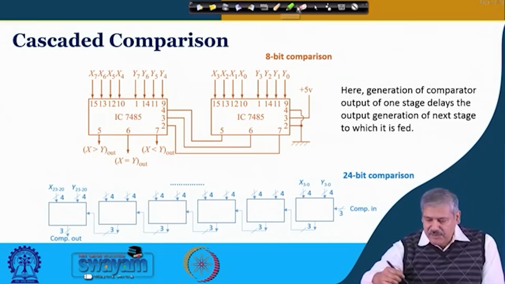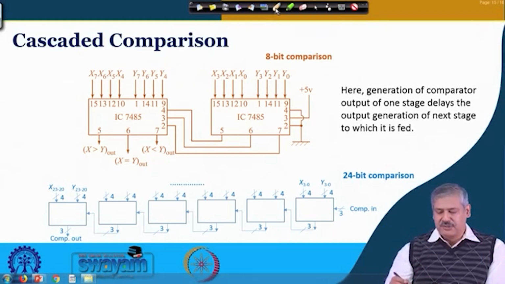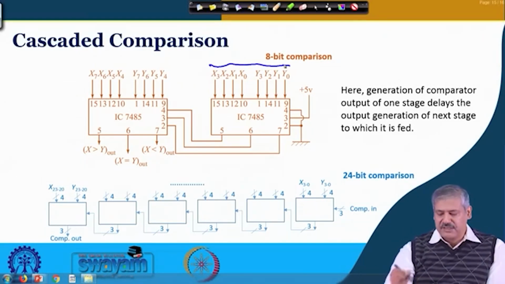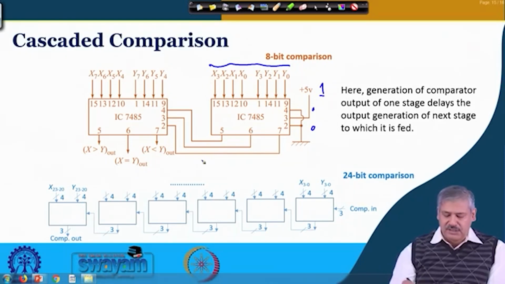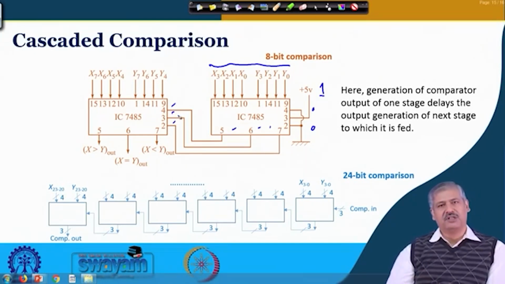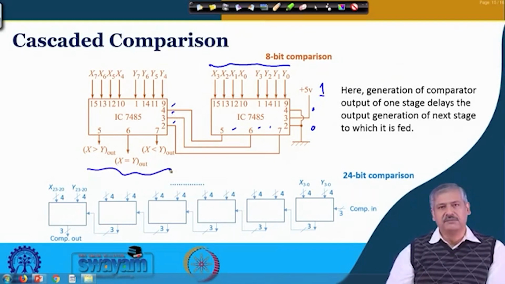If you look at 8-bit comparison, of course, the lower significant bits need to be placed here and here. This x is equal to y input is kept high, the others, x greater than y and x less than y, are kept low, clear? And these outputs, x greater than y, x equal to y and x less than y, whatever is generated in these three cases, are fed as input to the next IC, and the final output is taken from here. Is it clear?